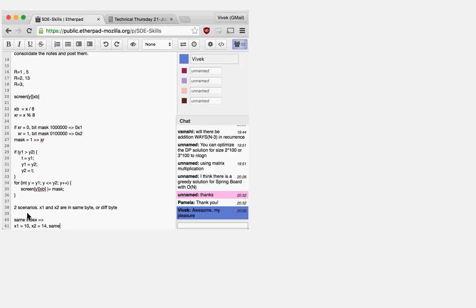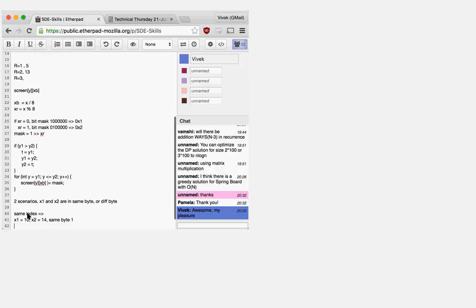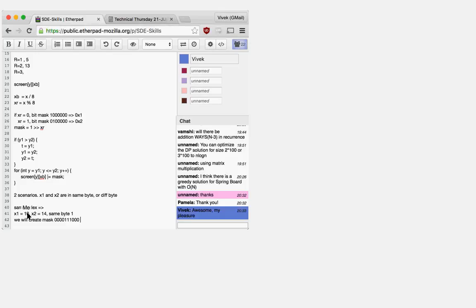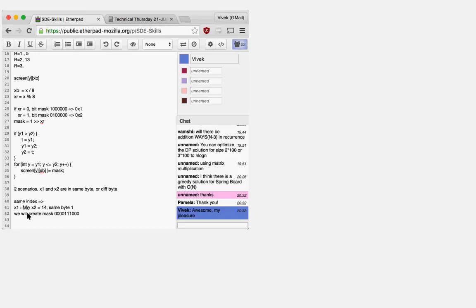In this case, we will create a mask between those two points and apply it for that particular horizontal line for that particular y. Okay. If they are in two different index positions, for example x1 is 6 and x2 is 17, then there are 3 index positions involved: 0, 1, and 2.